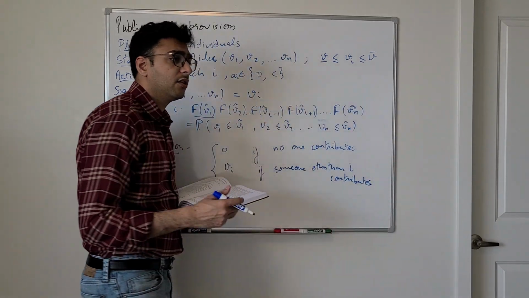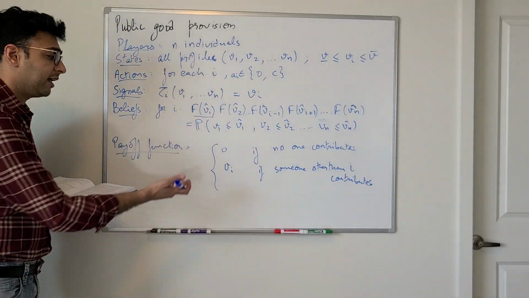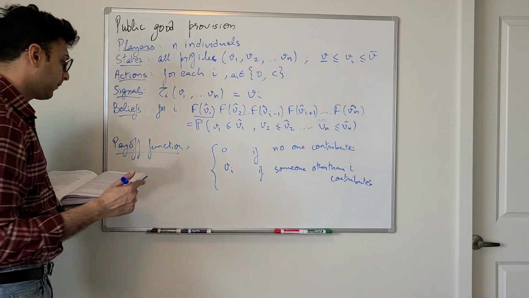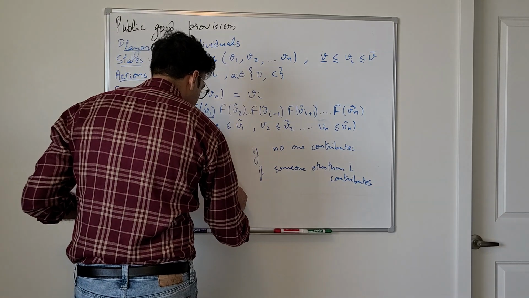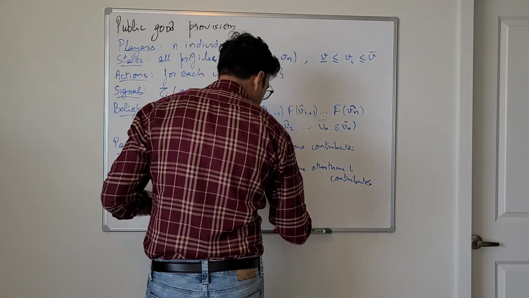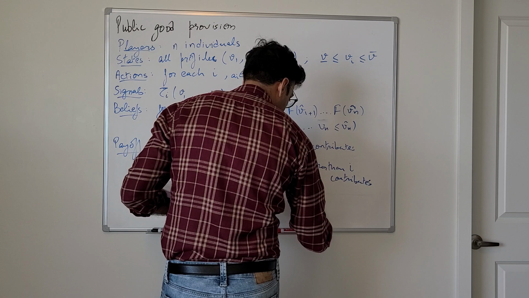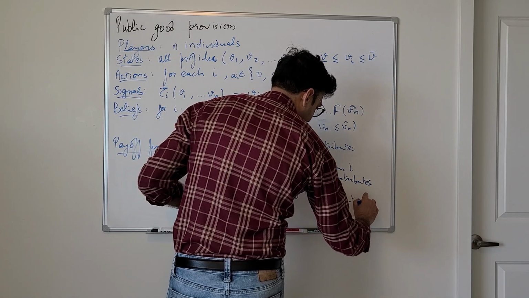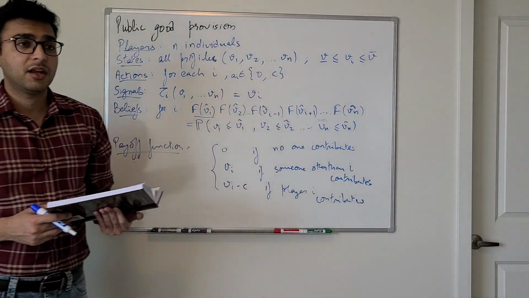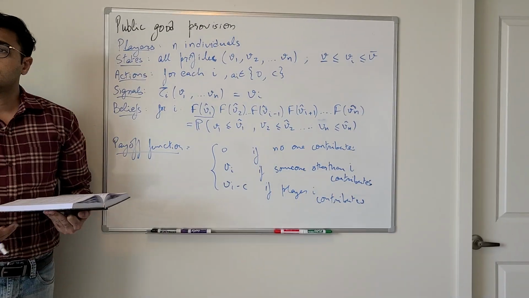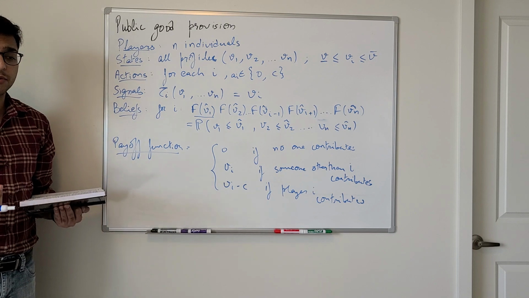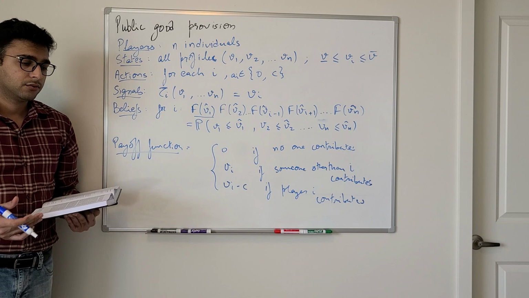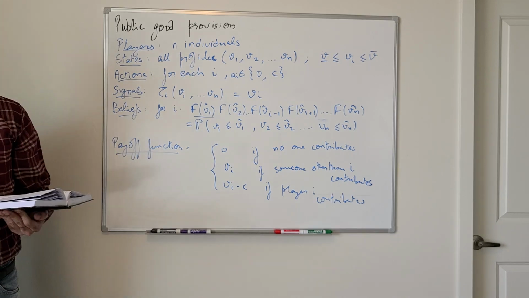So if player I doesn't contribute but somebody else does, then player I gets the benefits from this public good but doesn't have to pay any cost towards it. And Vi minus C if player I contributes. Right, because then player I gets the valuation Vi, but player I has also contributed towards the public good provision, and therefore player I incurs a cost C, which gives player I a payoff Vi minus C.